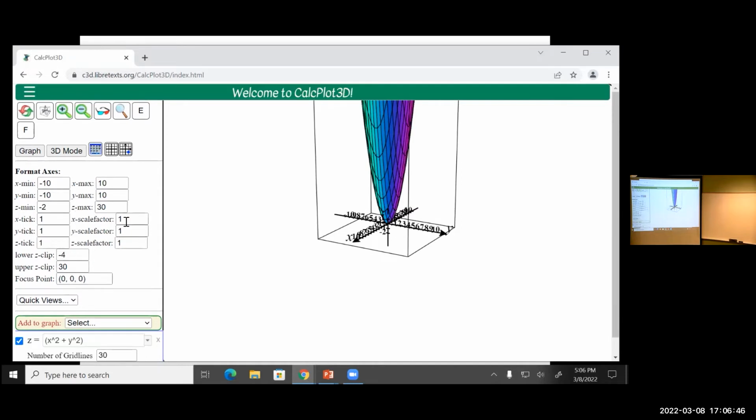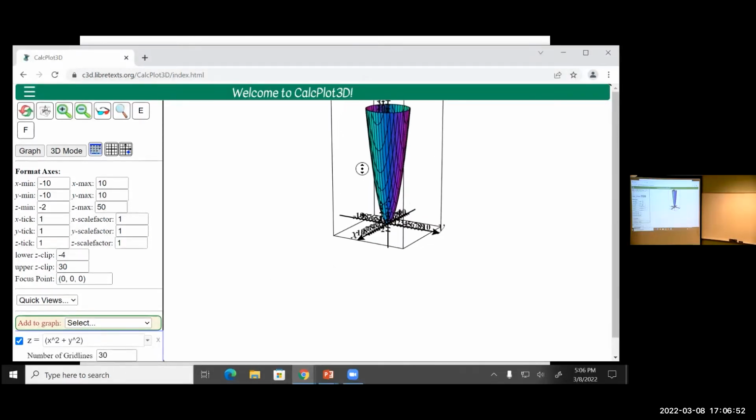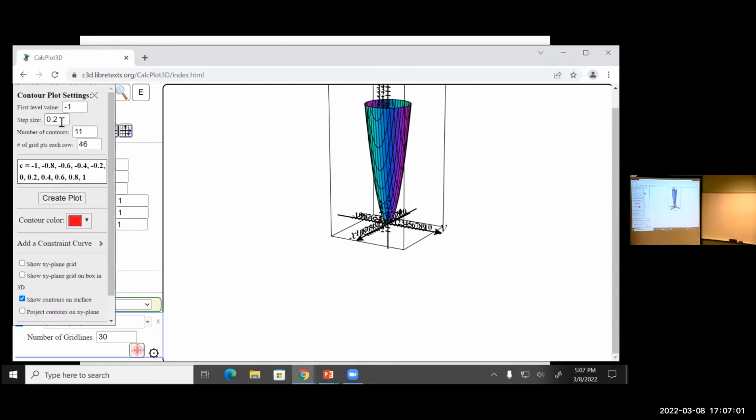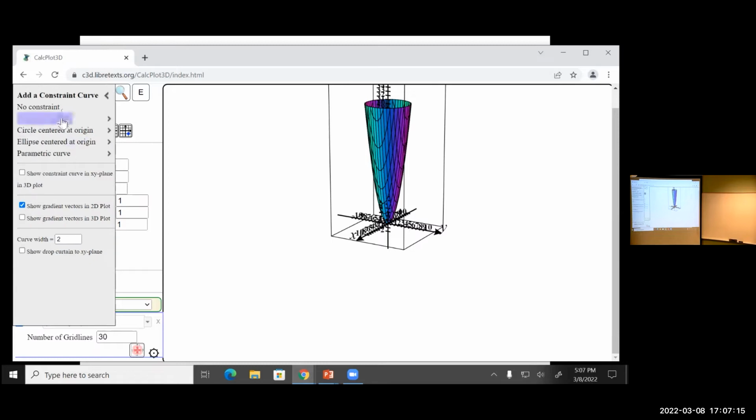And then we've got a constraint equation. So we looked at how to do this last time, and we're going to put in some contours as well. We're going to add our constraint curve.